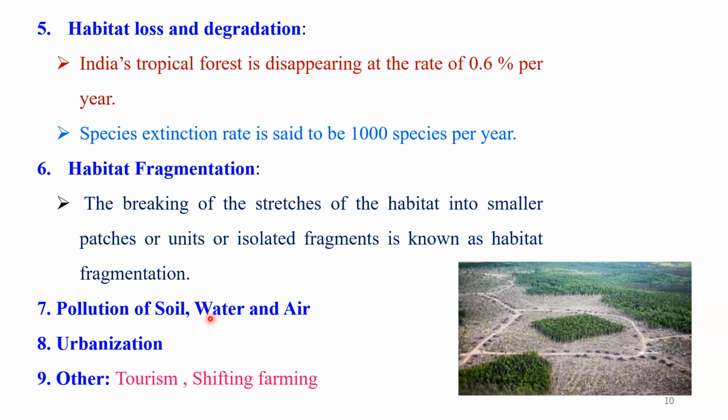When the water is polluted beyond the limit, a few species of that water will definitely be destroyed. So this is also a very important reason. Urbanization: as I just mentioned, in India urbanization is growing very fast compared to the rest of the world.